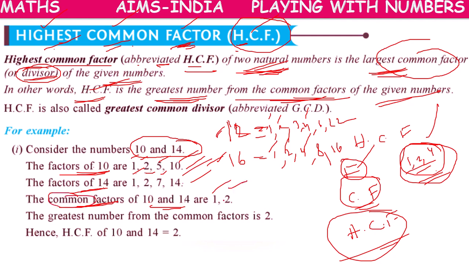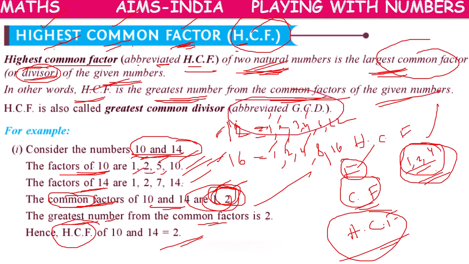Common factors are 1 and 2. From these common factors 1 and 2, which is the greatest one? The greatest number from the common factors is 2. So the HCF of 10 and 14 is 2, or GCD. It is also abbreviated as greatest common divisor. So the GCD of 10 and 14 is 2.